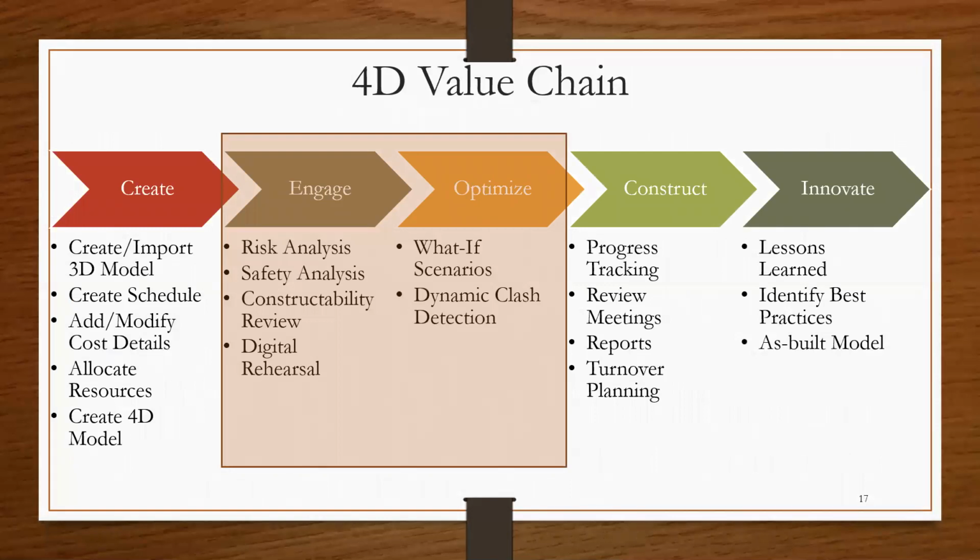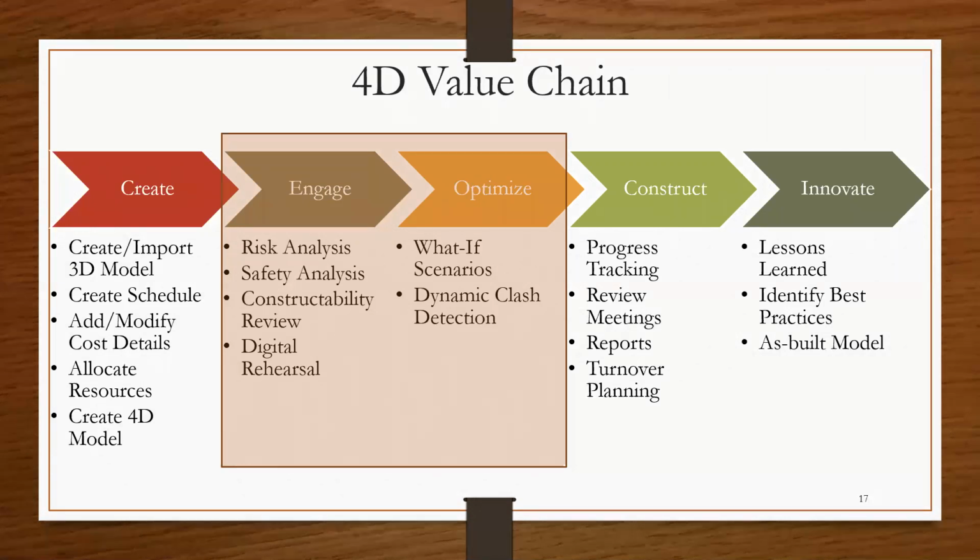Let us look at the 4D value chain. Essentially, this is modeled around the project facing value chain. During the create phase, this is at the point where you take the 3D model that's presented to you, as well as the project schedule, and combine that into your 4D model.